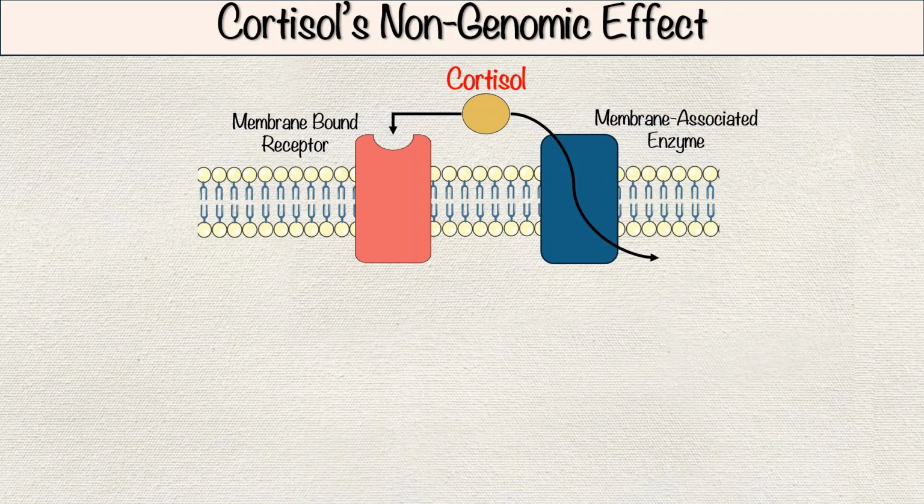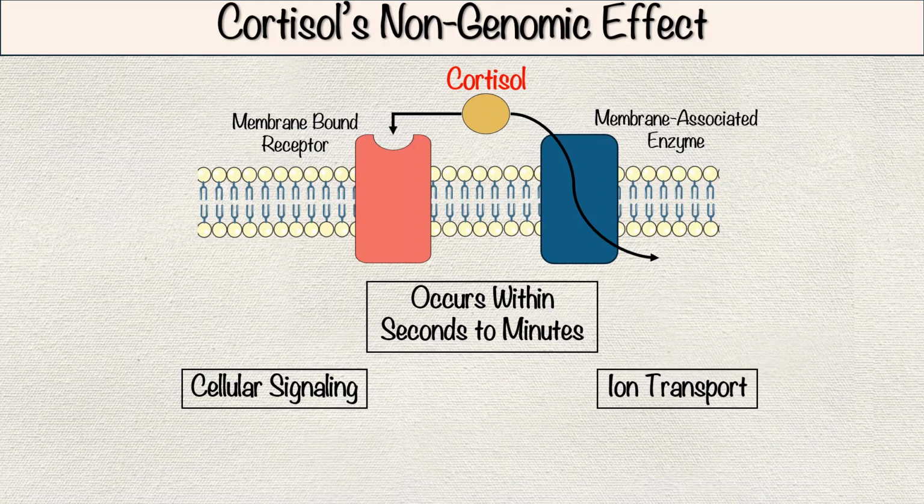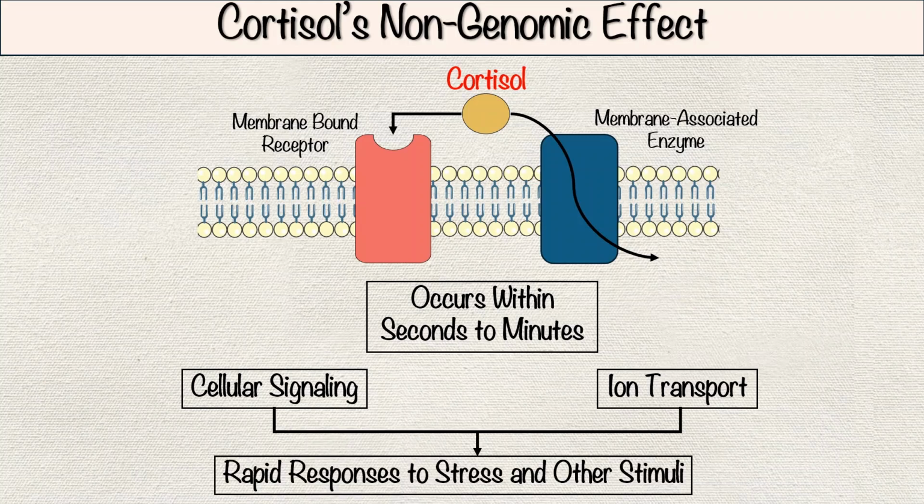Non-genomic actions can occur within seconds to minutes and are involved in various processes, including cellular signaling and ion transport. While the precise mechanisms of non-genomic cortisol actions are still being elucidated, their importance in mediating rapid responses to stress and other stimuli is becoming increasingly recognized.